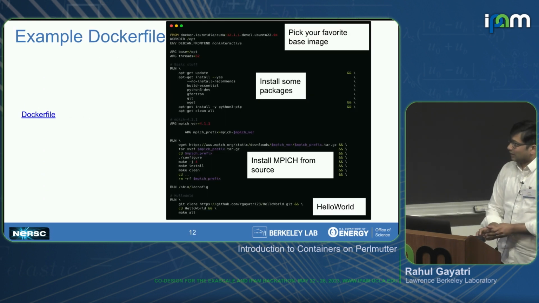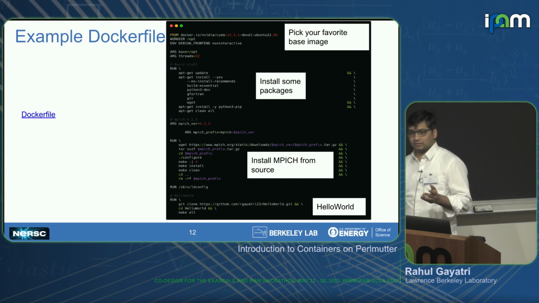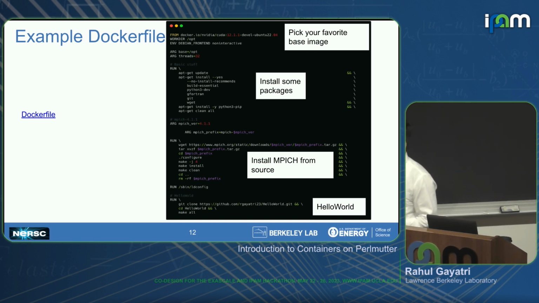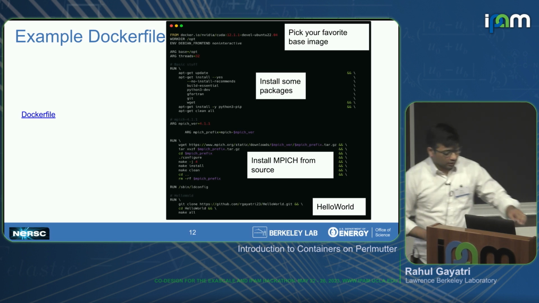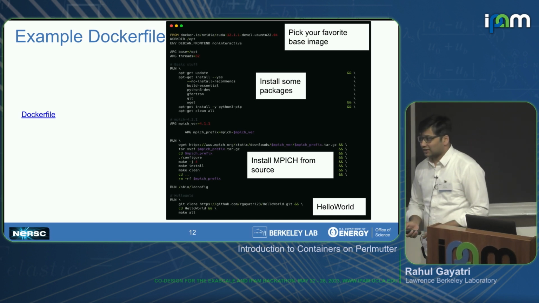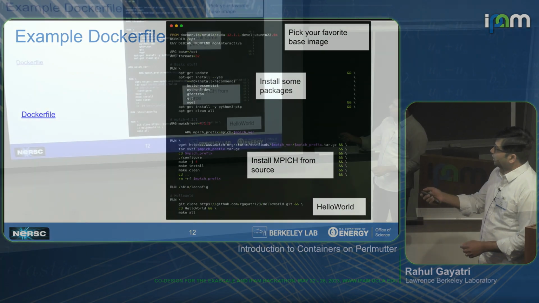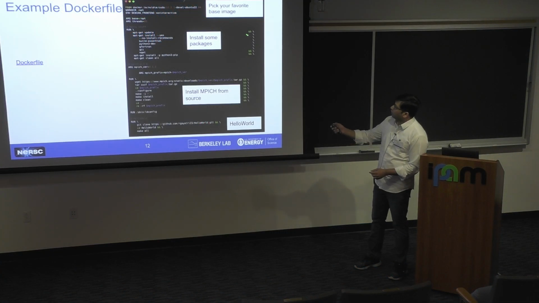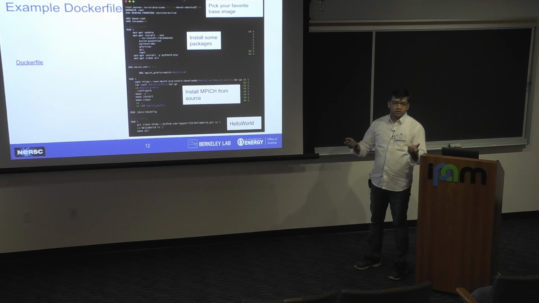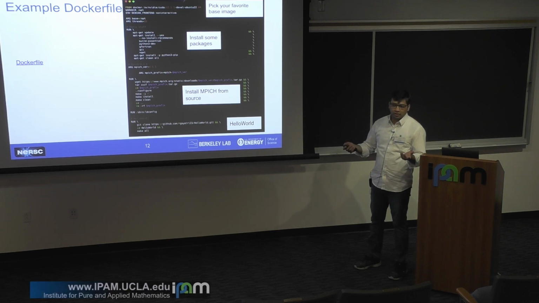So this is an example Dockerfile. I'm not going to go into detail about how to write a Dockerfile, but I'm just showing an example of how this works. You pick up your base image, which essentially tells you which OS you want your image to run on and what software you want to run on that.